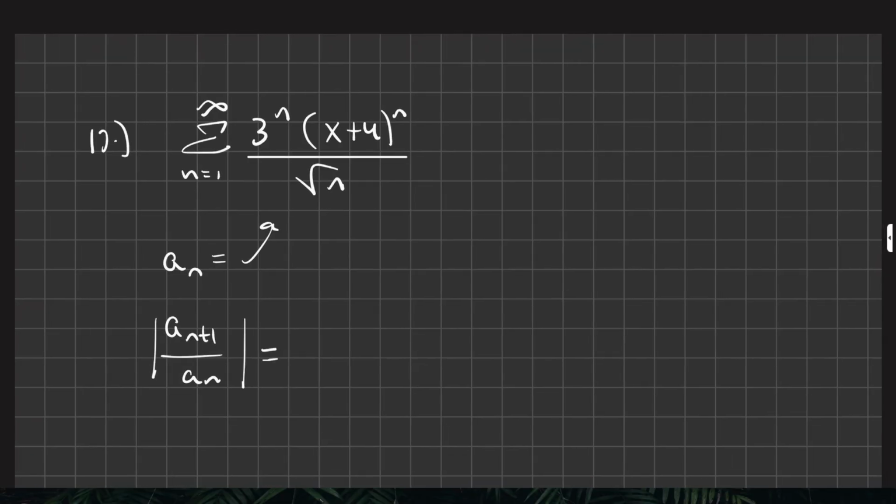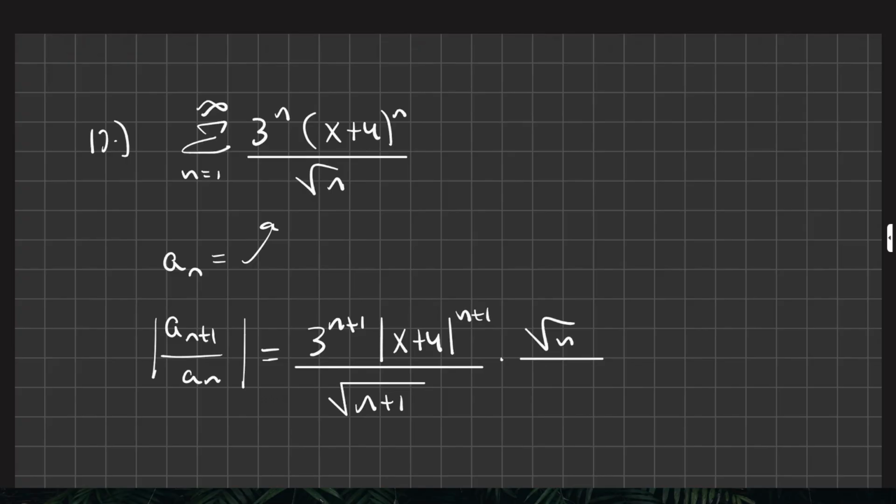So we'll set it up. This is going to be 3 to the n plus 1 times the absolute value of x plus 4 to the n plus 1 over square root of n plus 1, times our reciprocal, which is going to give us root n over 3 to the n absolute value of x plus 4 to the n.